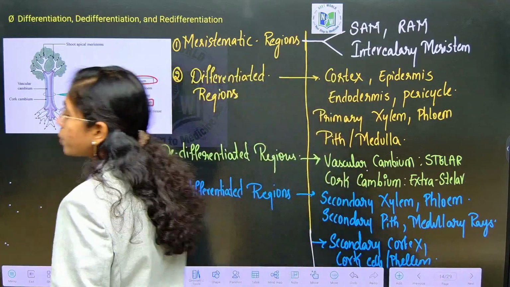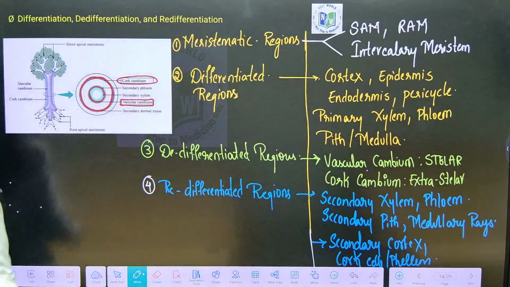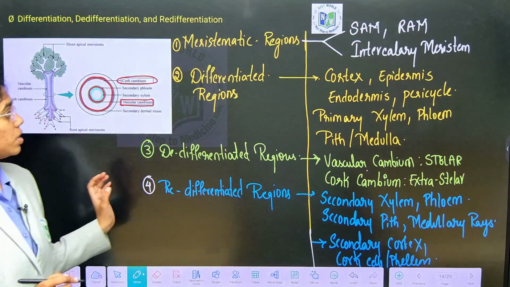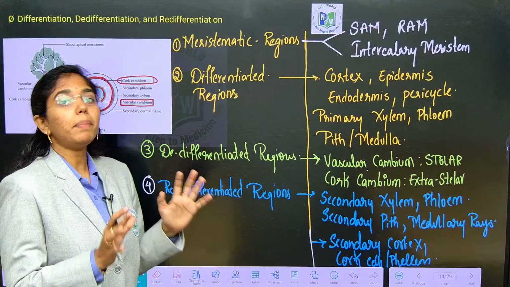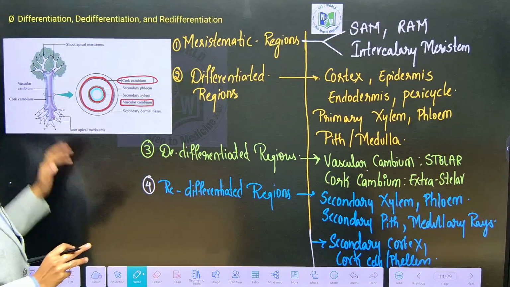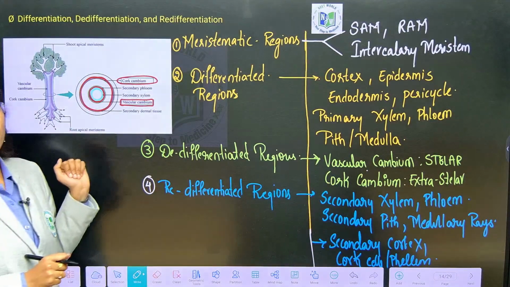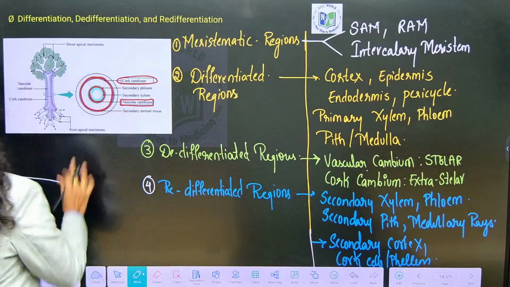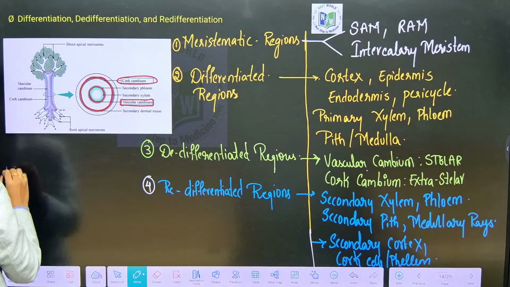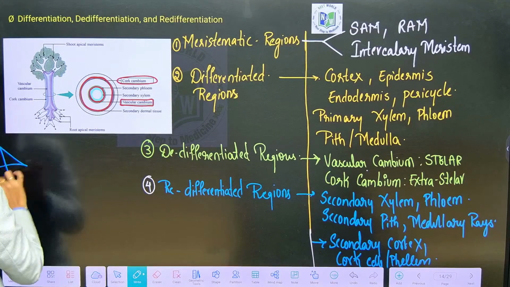So, the concept of differentiation, dedifferentiation and redifferentiation is asked multiple times in your objective exams in connection with the chapter anatomy of flowering plants. So, highlight this and learn, okay. Mark this, highlight this and learn.